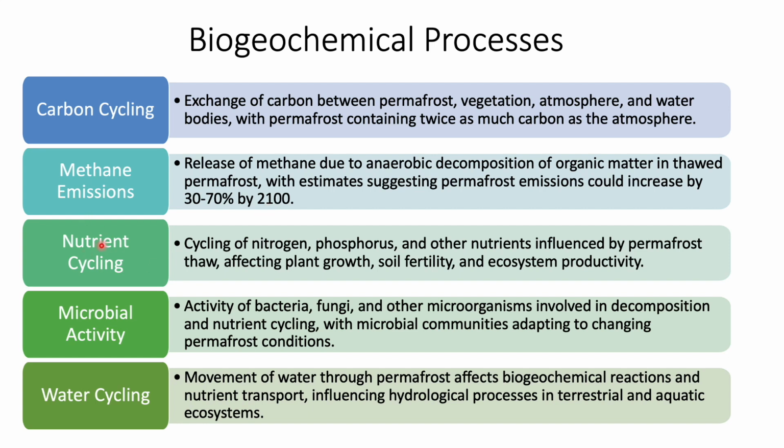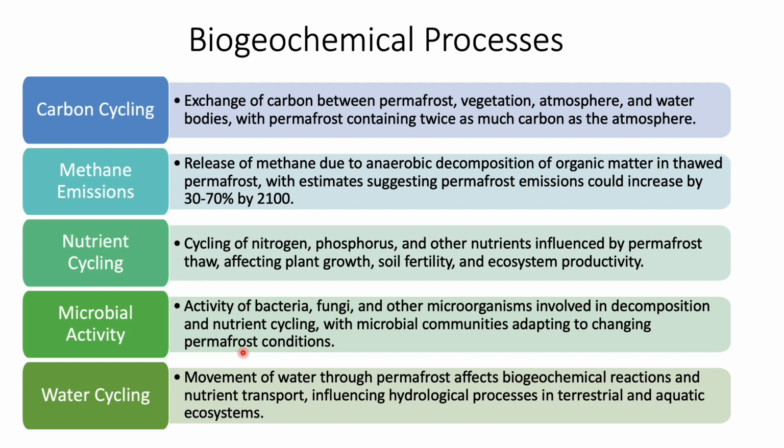And with respect to nutrient cycling, the cycling of nitrogen, phosphorus and other nutrients is influenced by permafrost thaw, and it affects plant growth, soil fertility and ecosystem productivity. With respect to microbial activity, we already saw methane emission is one of the major problems. It is the activity of the bacteria, fungi and other microorganisms involved in decomposition and nutrient cycling, with the microbial communities adapting to changing permafrost conditions.